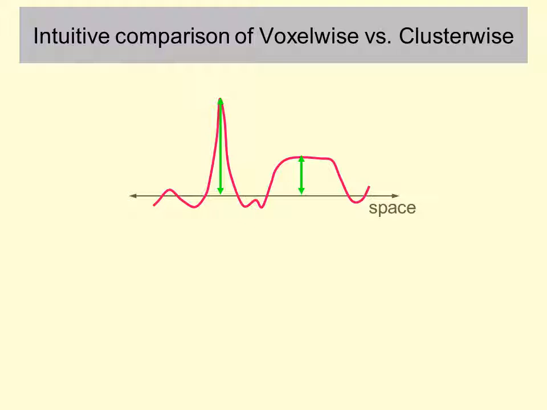Let's try to compare now a voxel-wise approach to thresholding with a cluster-wise approach. This diagram shows a strip of voxels along the space dimension, a one-dimensional strip.